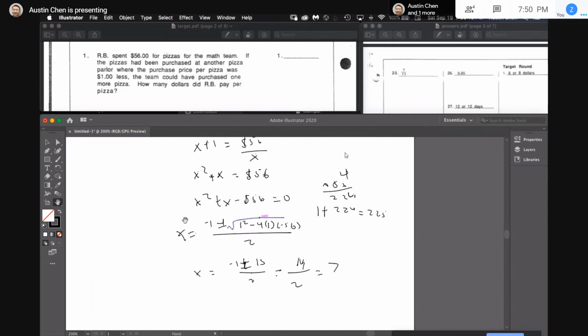Also, if you just look at the question itself, 56 is 7 times 8, and so at the next pizza parlor the price went down one, and the number of pizzas went up one. If the price and the number of pizzas they bought were 8 and 7, if one went up one and one went down one, they would just switch, and you would still be left with $56.